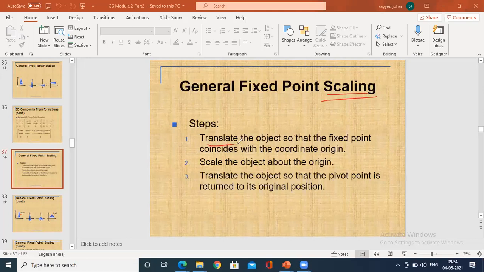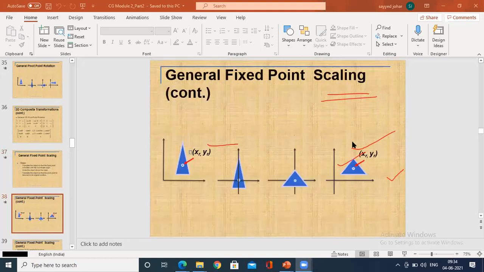Translate the object so that the fixed point coincides with the origin. Same as what we did in the first step. Scale the object about the origin. Translate the object so that the pivot point is returned to its original position, right? So you are performing the scaling here. Just focus, all of you.